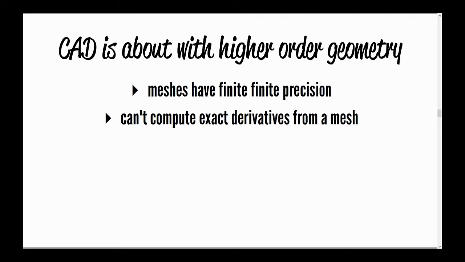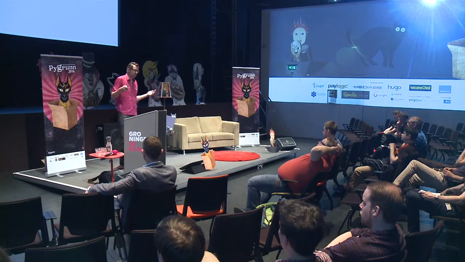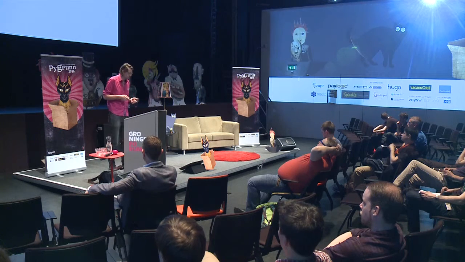So CAD is really about higher order geometry, right? Meshes have finite precision, and for fabrication and analysis, you need to compute exact first and second, even third order derivatives from the surface. You can't do that with a mesh.